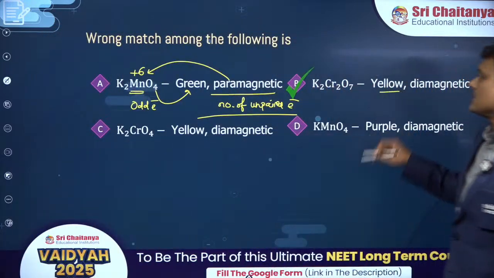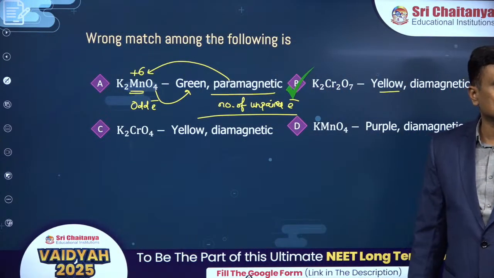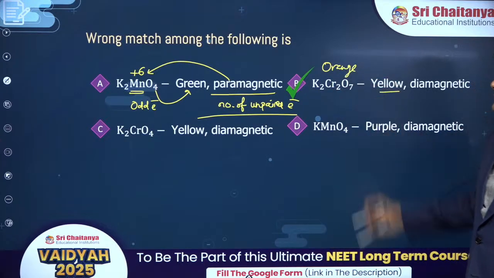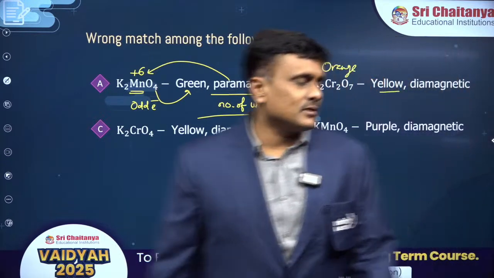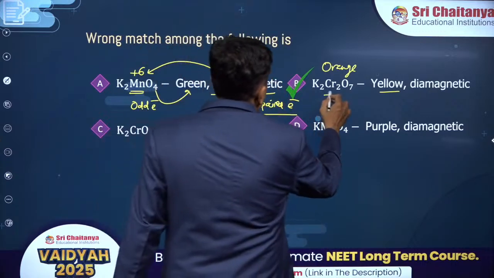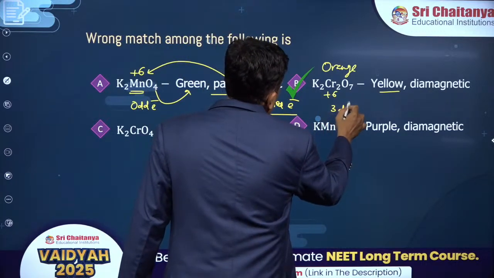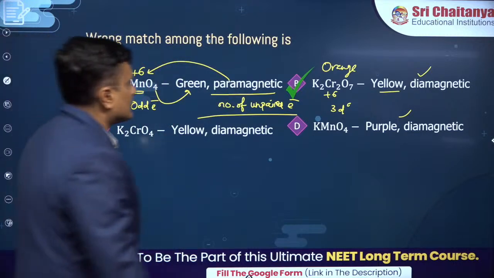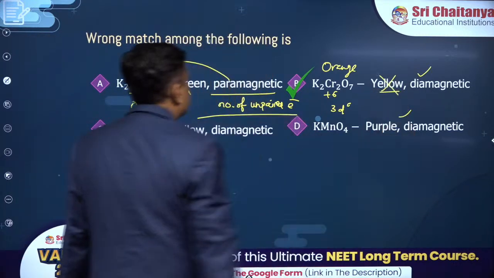So you can see that K2Cr2O7, is it yellow? We all know that it is orange in color. And remember, because chromium in +6 oxidation state does not have any unpaired electron, that is diamagnetic, but that is not yellow. Remaining all are correct.